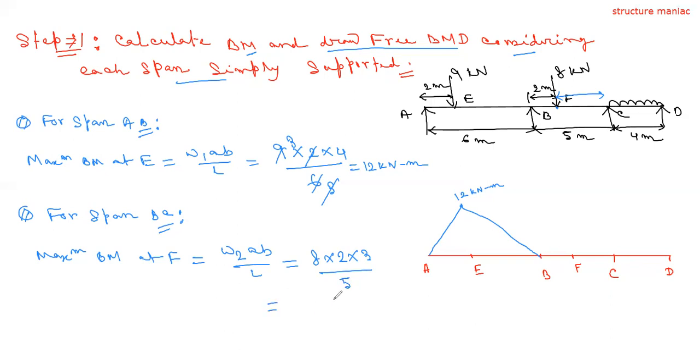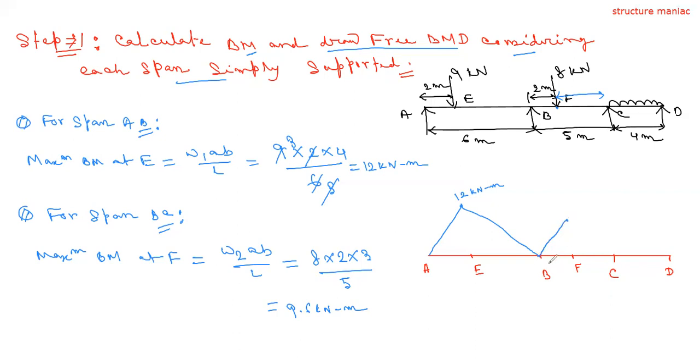If you calculate it, you will get 9.6 kilonewton meter. Again, we can draw the bending moment diagram for it, which will also be a triangle.